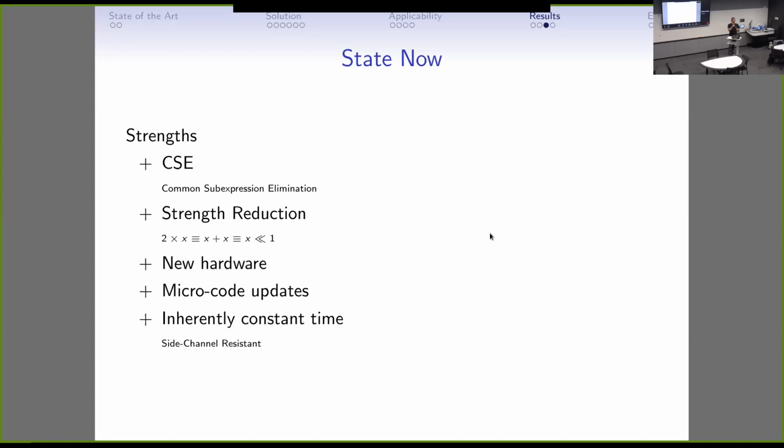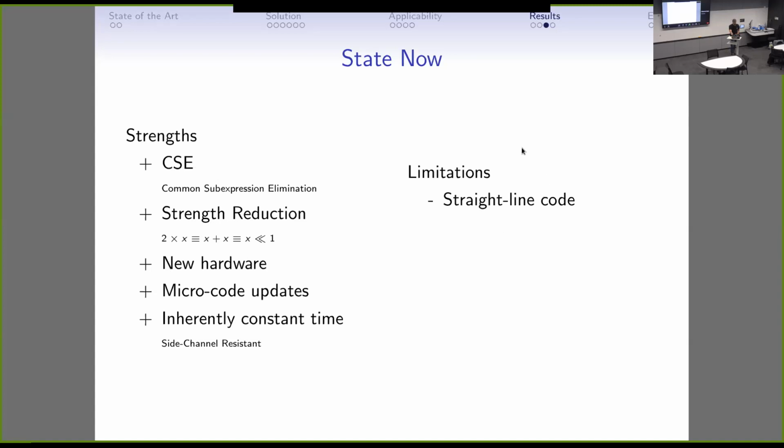So we use conditional moves to implement phi nodes, which are believed to be constant time until someone finds a bug somewhere. So we don't need to think about that too much.